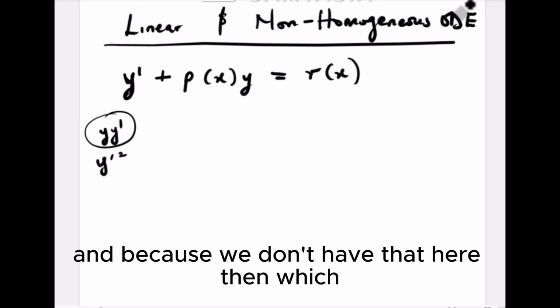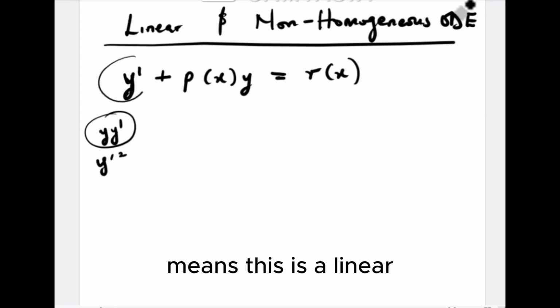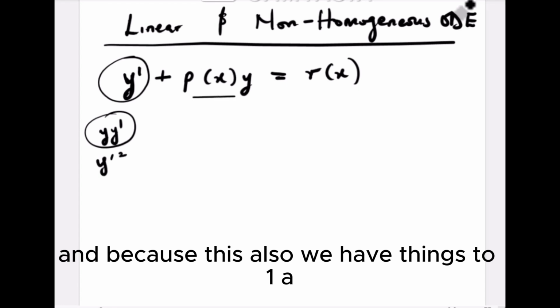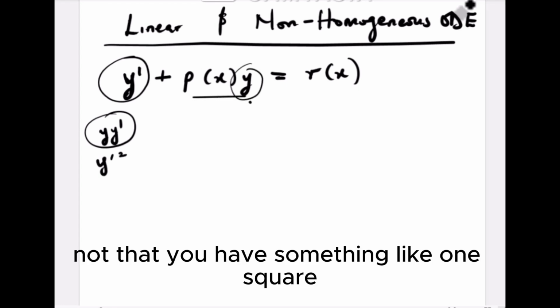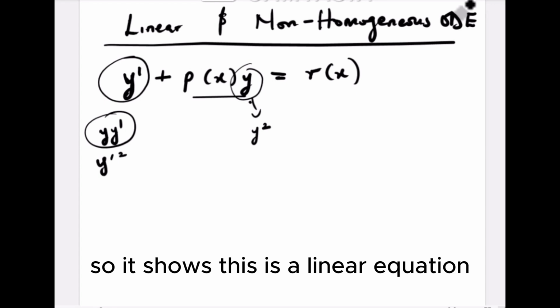Because we don't have that here, this is linear. We have just y, not y squared, so this is a linear equation.